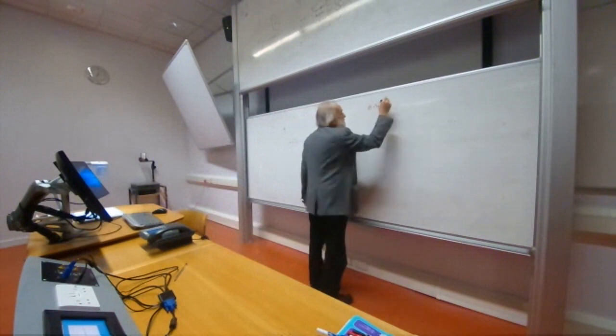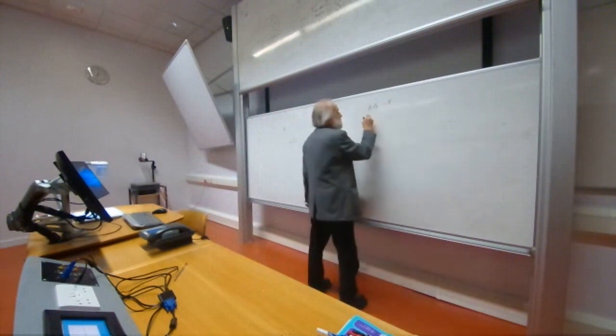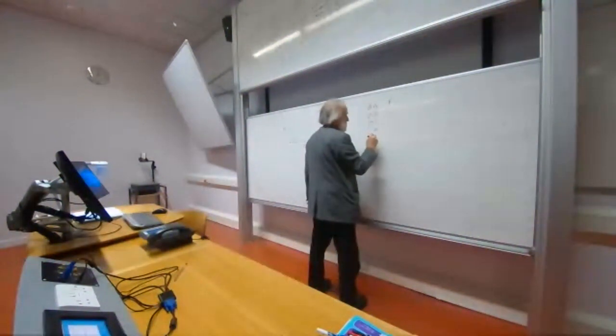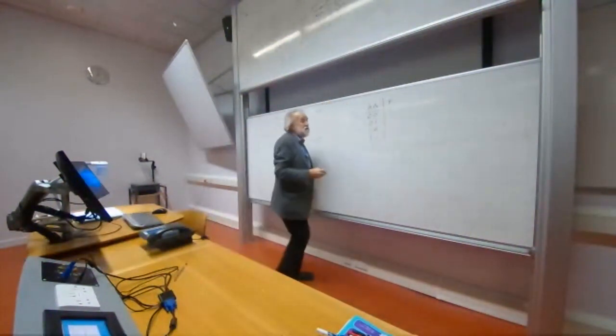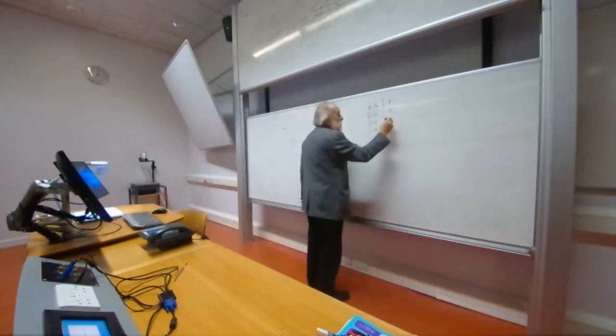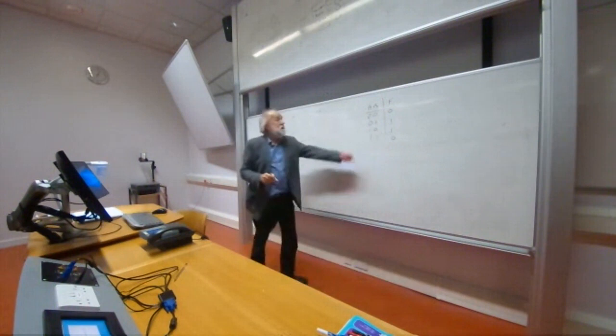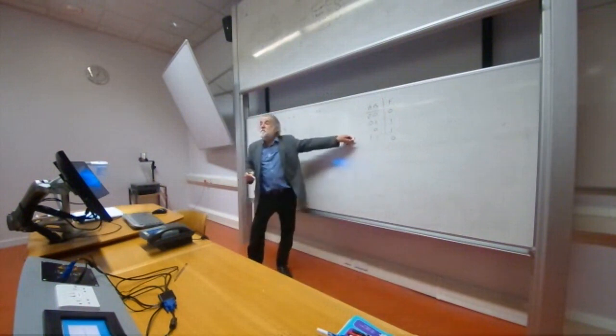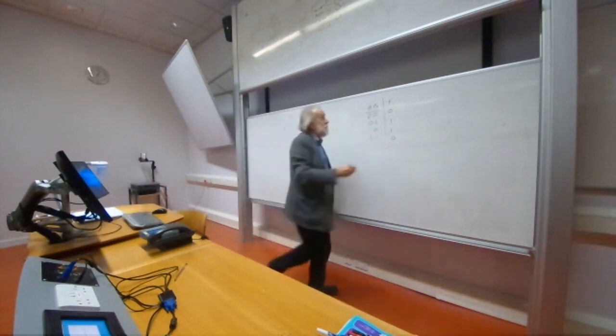A, B, and F. This is the truth table. Inputs, 2 inputs, 4 states. The output F for an exclusive OR function is 0, 1, 1, 0. The inputs A, B become 2 element vectors.